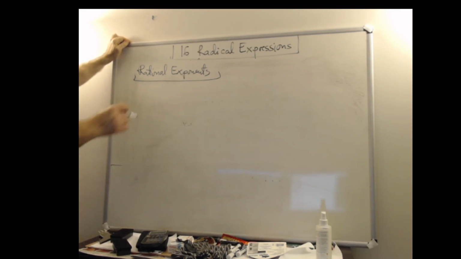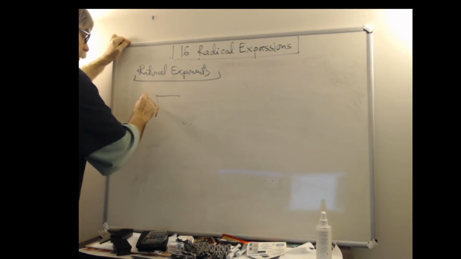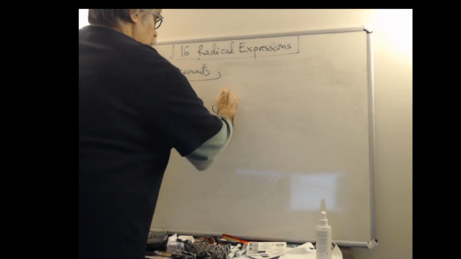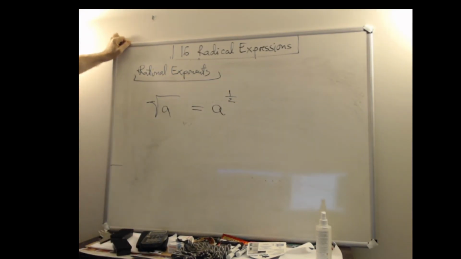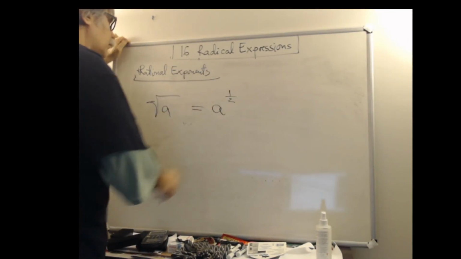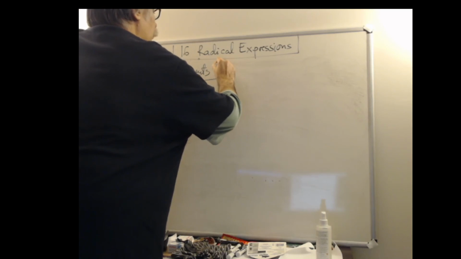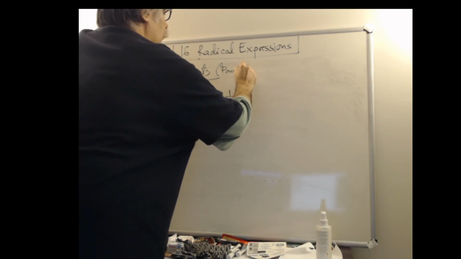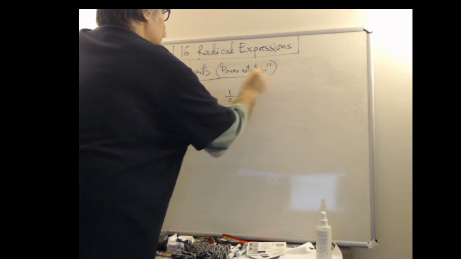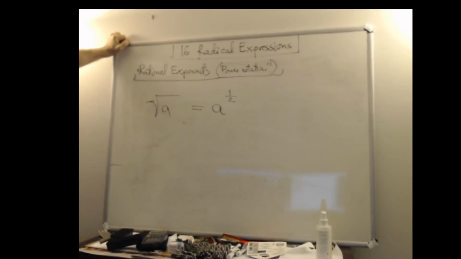What does that mean? So when you have radical a, so this is the square root of a, you can also write it this way. A with the power. This is now a power notation. But this is not the power that you ever seen before.